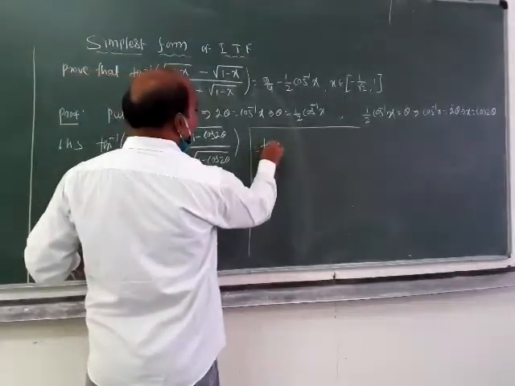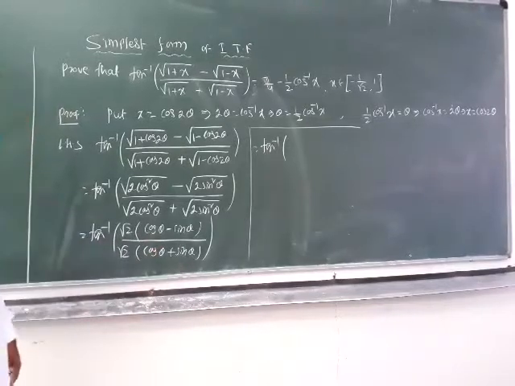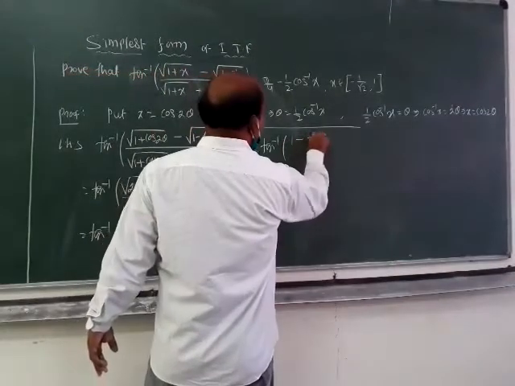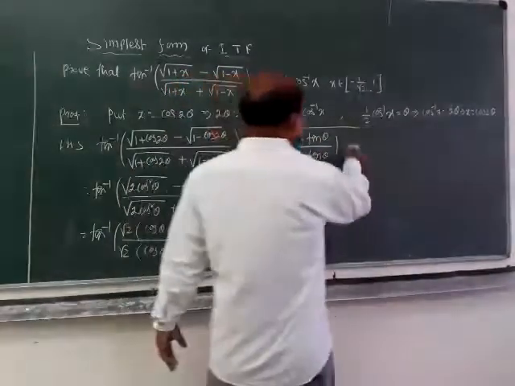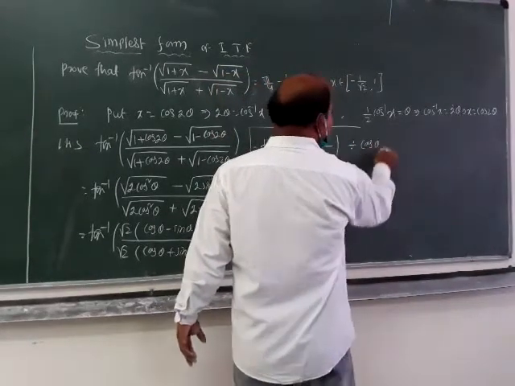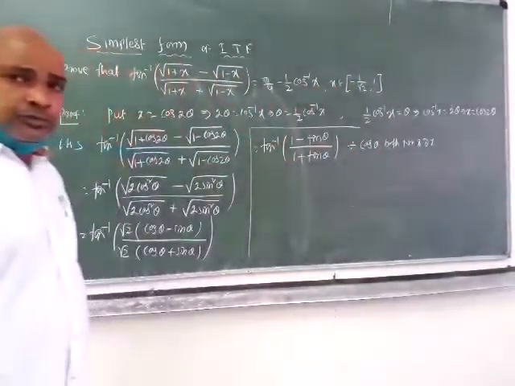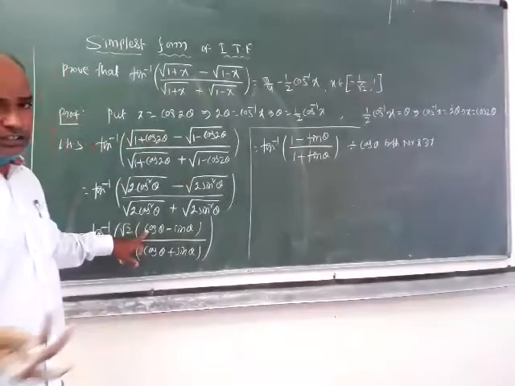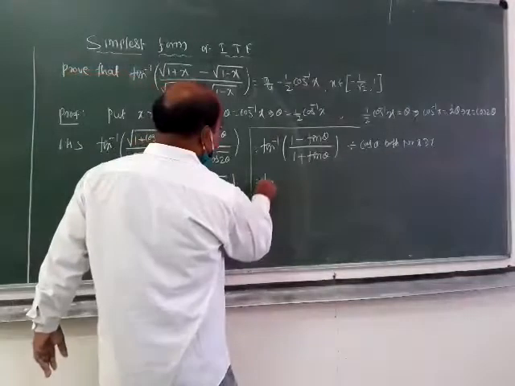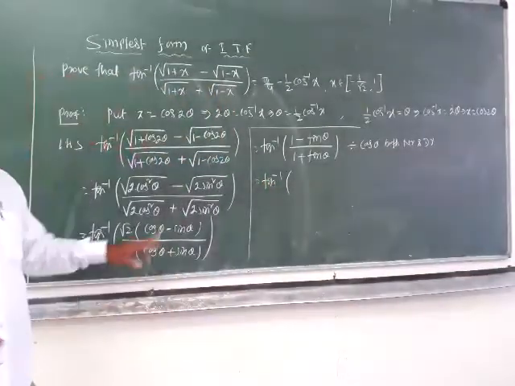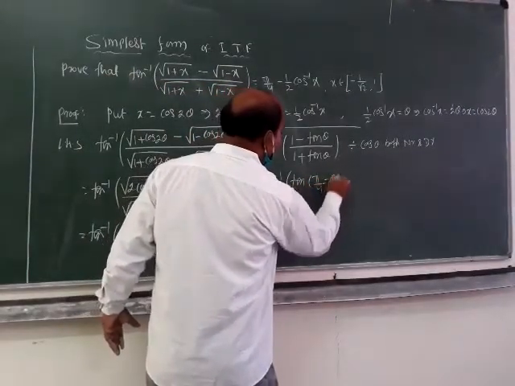Tan inverse of cos theta minus sin theta by cos theta plus sin theta can be written as 1 minus tan theta by 1 plus tan theta, because we divide cos theta in both numerator and denominator. So cos theta by cos theta is 1, minus sin theta by cos theta is tan. Is that right? Like this problem you already did. So then it becomes tan of pi by 4 minus theta.